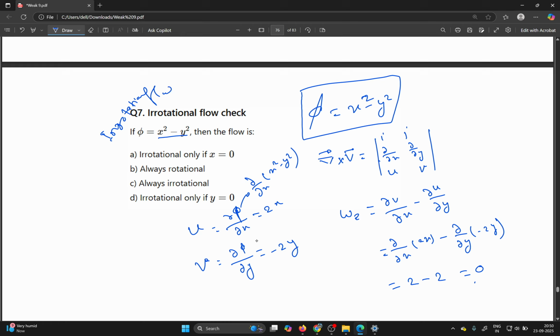One thing you can also do, you can write this equation in terms of phi itself. At the place of v, you need to write these things. Minus, at the place of u, you need to write these things.